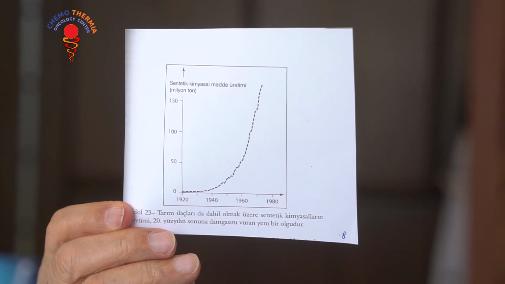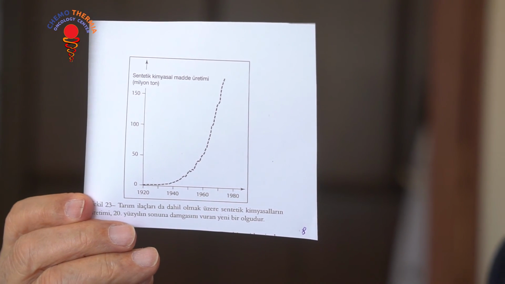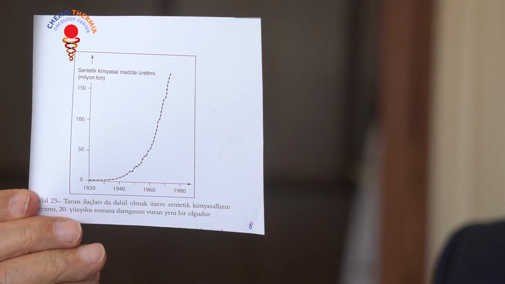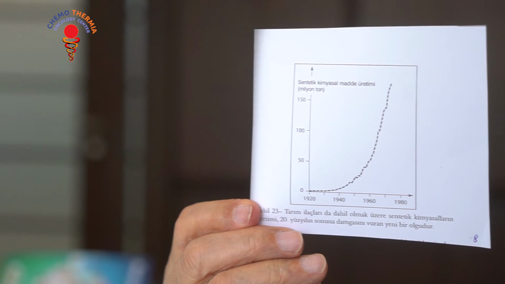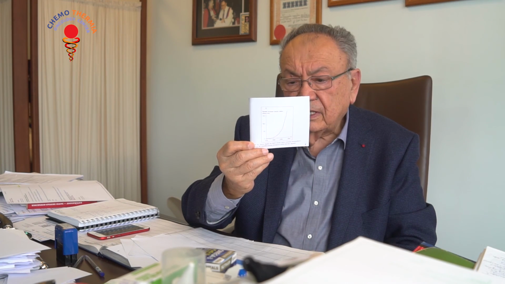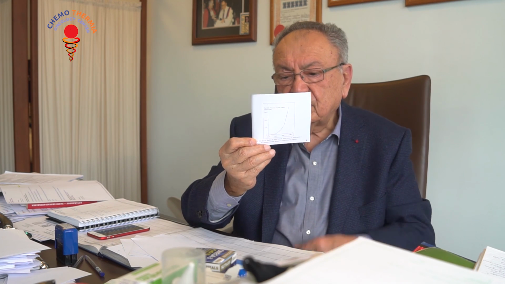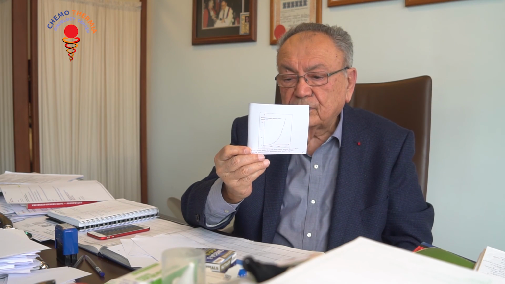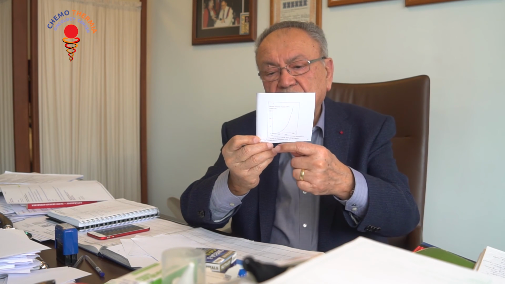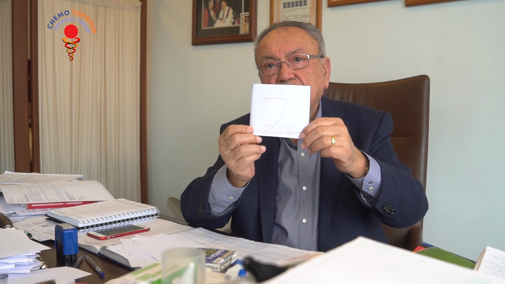My last slide would be the industrial production of chemical products. As industrial products enter our life in the society, you see this curve shows us the quantity of industrial products, and it is like the curve of cancer increase.